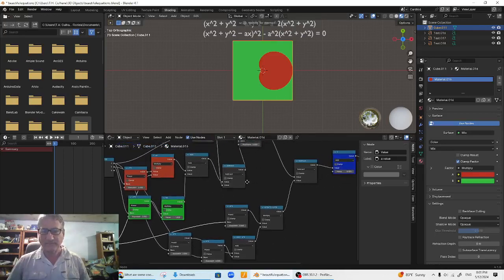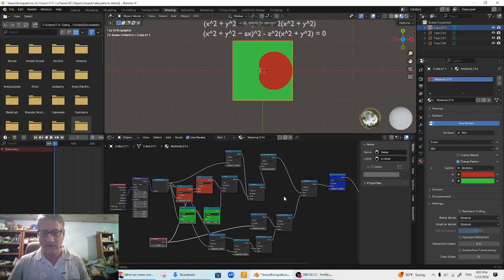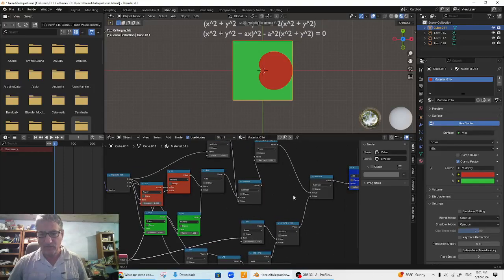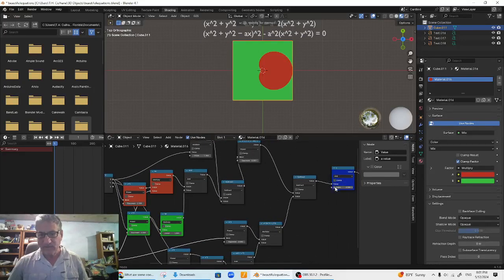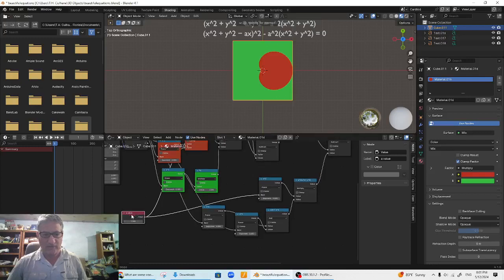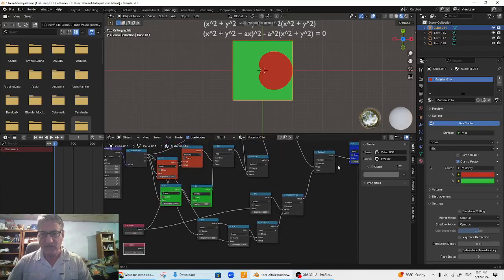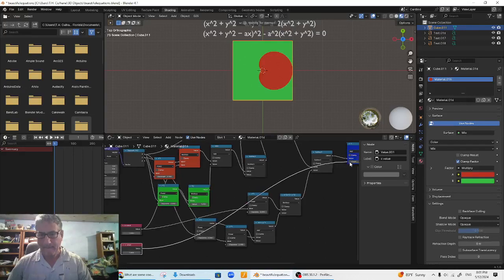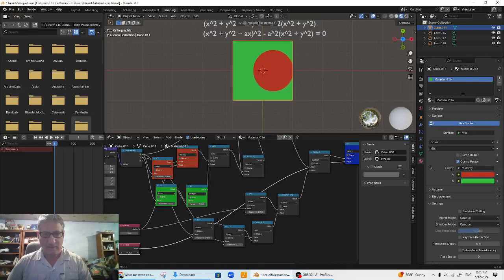In fact, this value here that has C that we're subtracting should have a value that's controlled by another value. So if I go Shift D, take this, and call this C value, then I have a place for that, and I can move that value of C into where C is. But of course, it's supposed to be 0 for this equation.